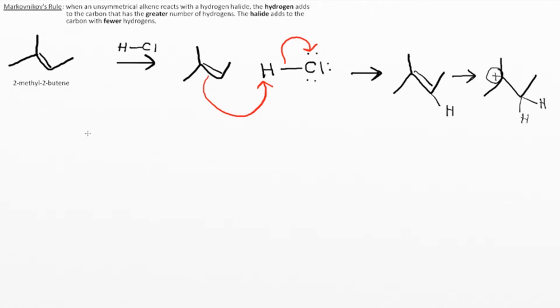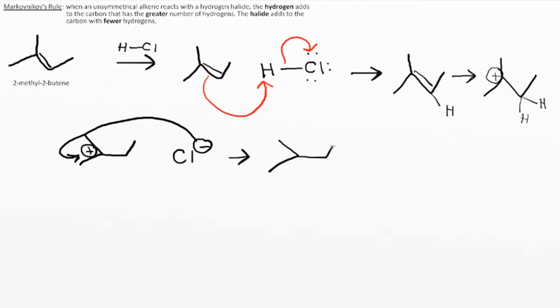We have this molecule, I could draw that better if I try, with a positive charge right here, and we have this chlorine anion. So obviously the nucleophile will attack the electrophile over here, and you're going to get something that looks like this at the end.